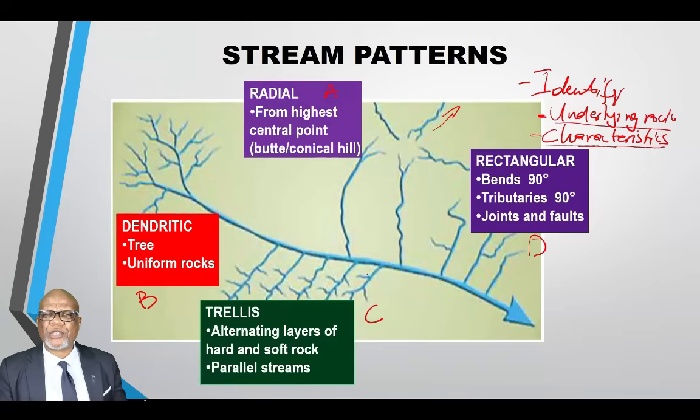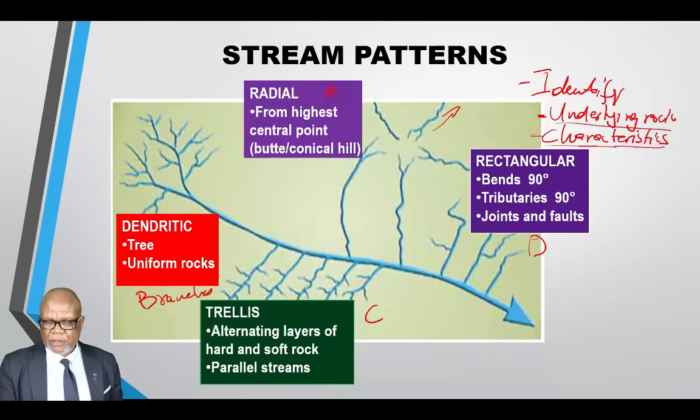You need to be able to apply the knowledge that you have studied in class. Besides knowing that it is dendritic, you must know dendritic is found where rocks have uniform resistance to erosion, and it does not look like a tree. It looks like the branches of a tree, not like a tree itself.